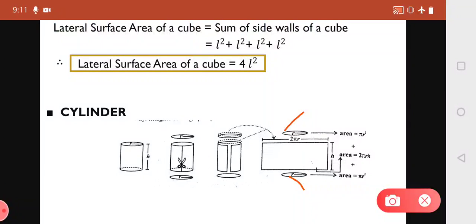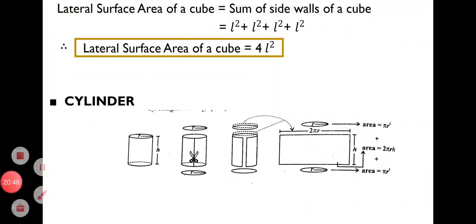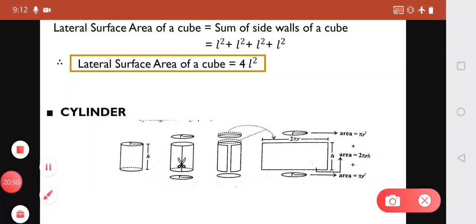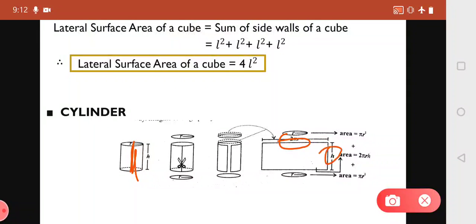Now when the curved surface area is cut open, we get this rectangle shape. The pipe portion, when we cut it, gives a rectangle, and the length of the rectangle is given as 2 pi r. The breadth of the rectangle is the height of the cylinder, so we have taken breadth as height.